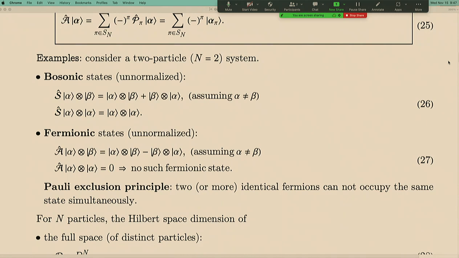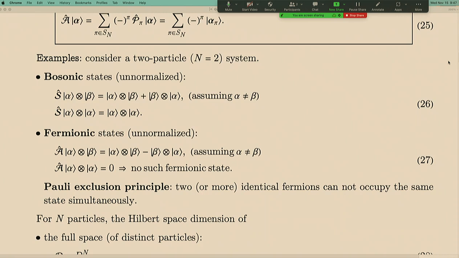So that automatically realizes the case that when you exchange the two particles, there's a minus sign. But if you apply the anti-symmetric operation on the alpha alpha state, you will see that the result is alpha alpha minus alpha alpha. Then that's a non-trivial case where the resulting state is simply 0.